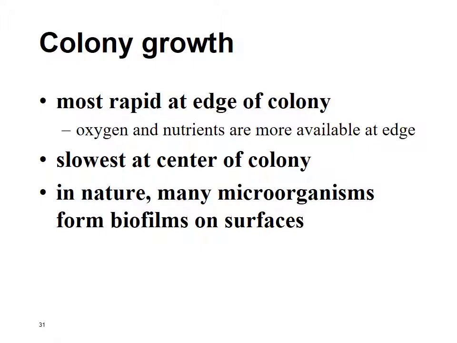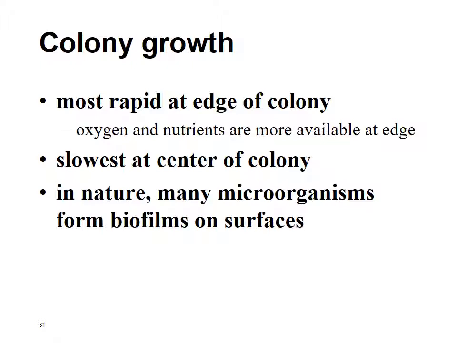The growth of colonies on agar surfaces has been fairly well studied. Generally, the most rapid growth occurs at the colony edge. Growth is slower in the centre of the colony, and cell autolysis takes place in the older central portions of the colonies. This is especially noticeable with yeast colonies.